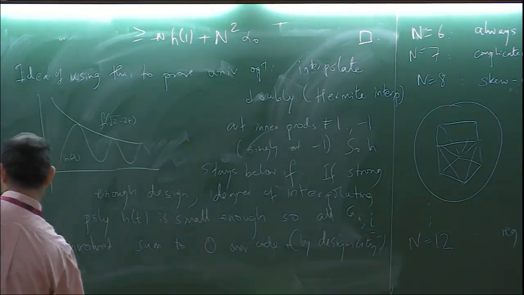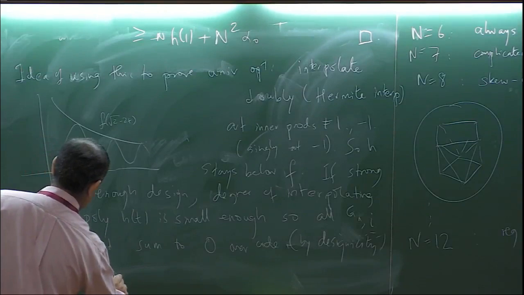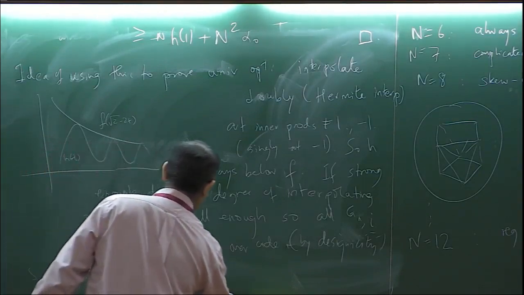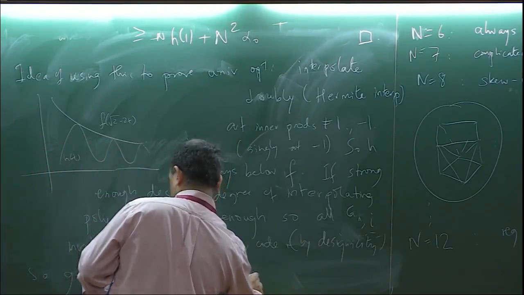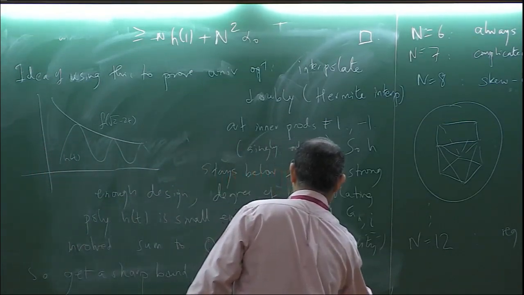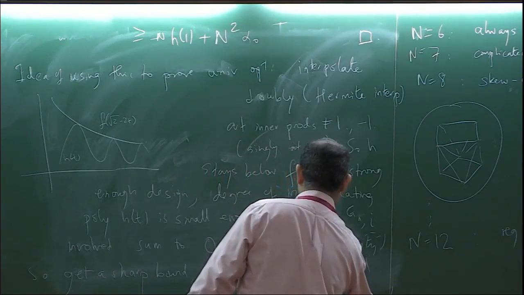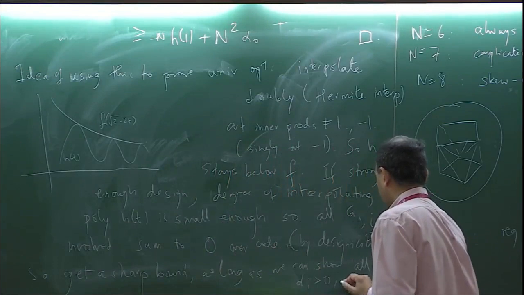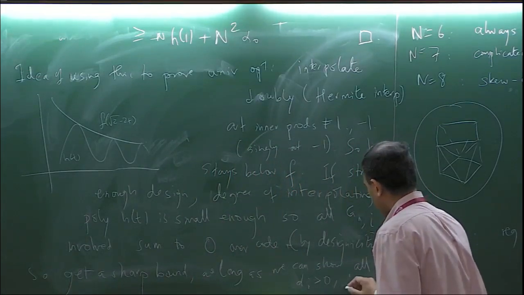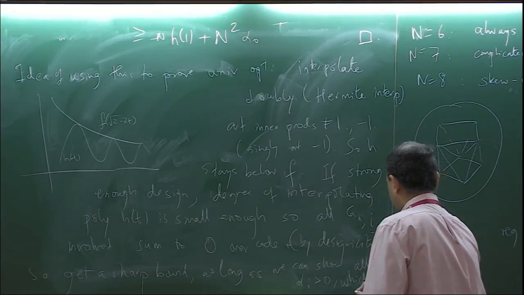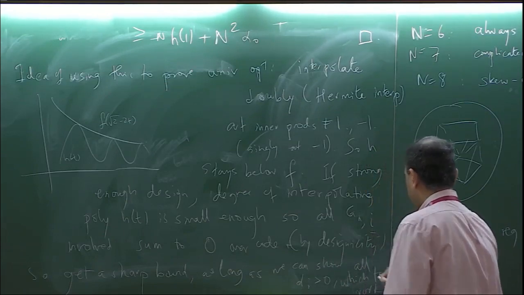So you get a sharp bound as long as we can show all alpha_i are greater than 0, which takes some work. Which takes work.